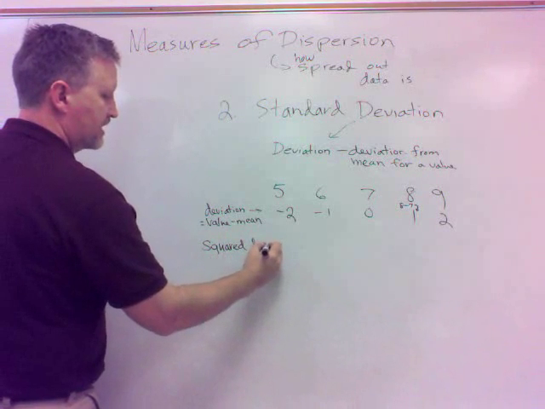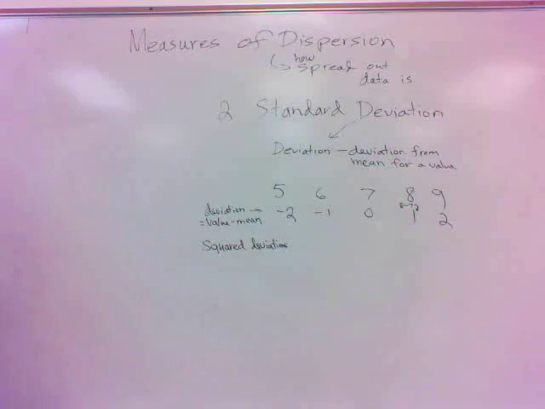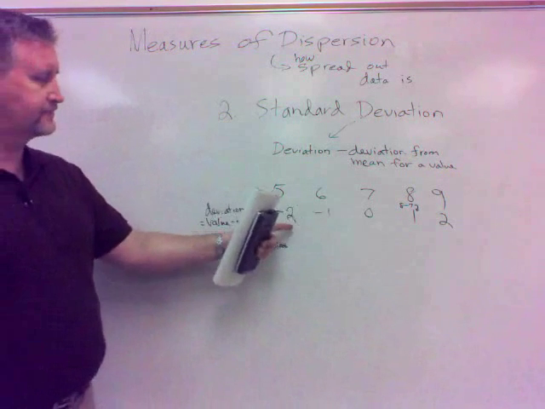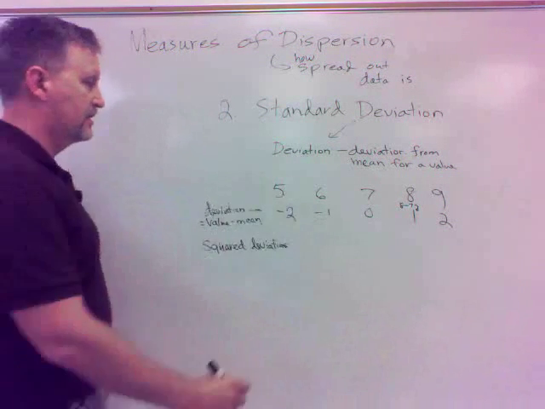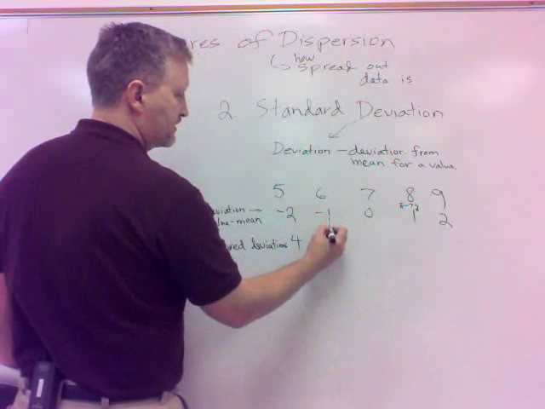This is how we're going to set up the standard deviation work. The next line is we're going to square each deviation. Negative 2 times negative 2 is 4. Negative 1 times negative 1 is 1.